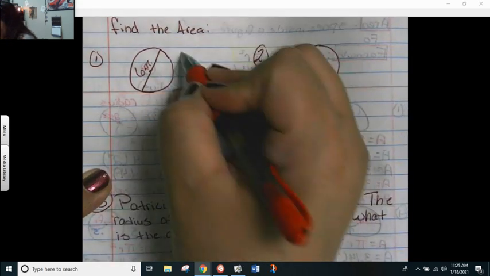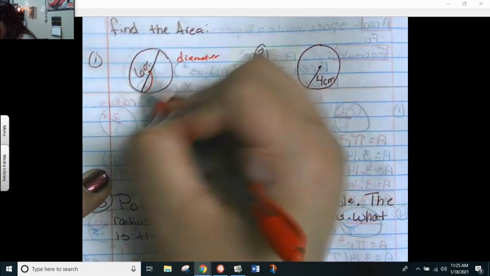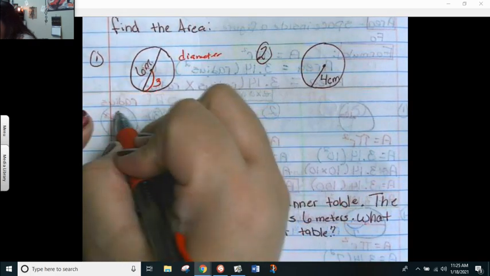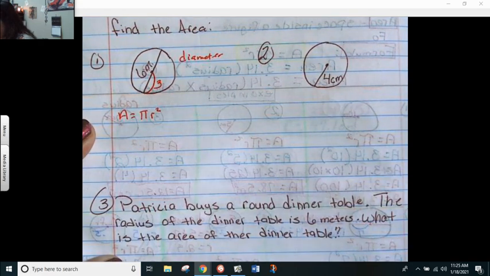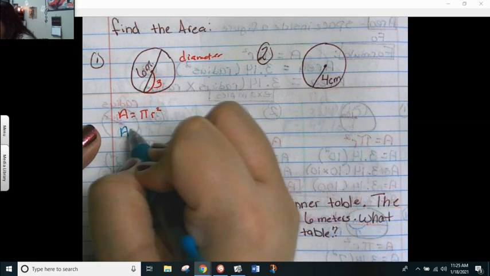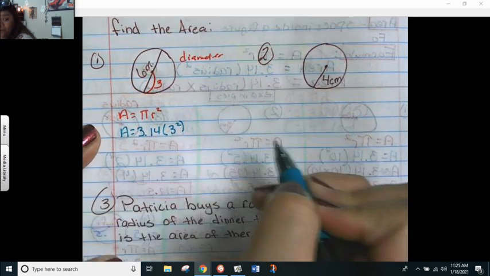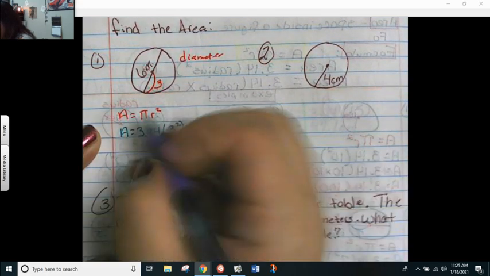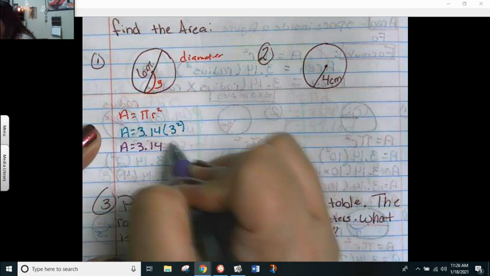So first of all, this is a diameter. You should have figured out that the radius is 3. So area equals pi times the radius squared. Let's plug it in. Let's see what you did here. Did you put 3 squared? Hopefully you did. A lot of students get this one wrong. 3 times 3 is not 6.